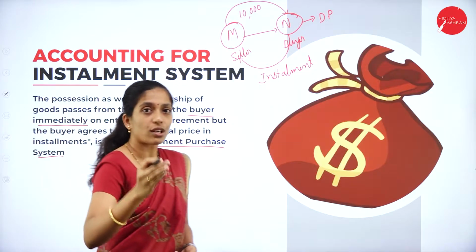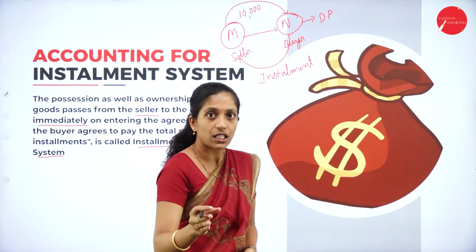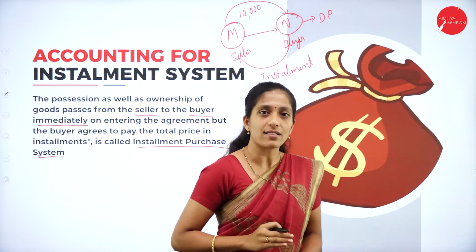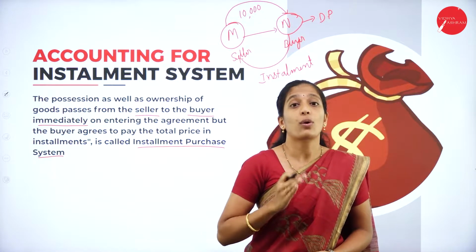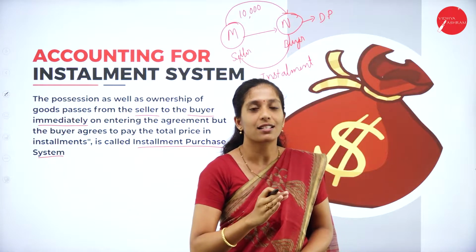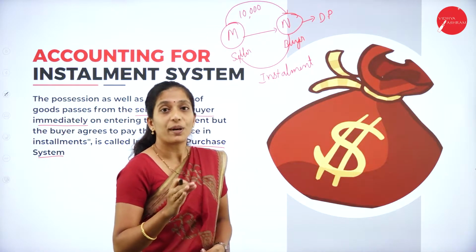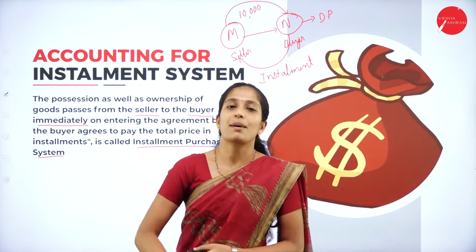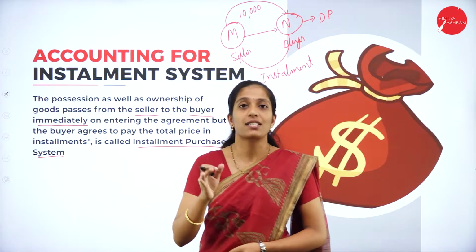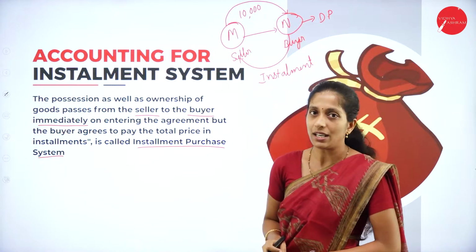So here goods also transfer, ownership also transfers before the payment of last installment. Whereas in hire purchase system, ownership will transfer only after the payment of last installment. Here on the date of purchase itself, ownership will also be transferred. So this is the main difference between hire purchase system as well as installment system.